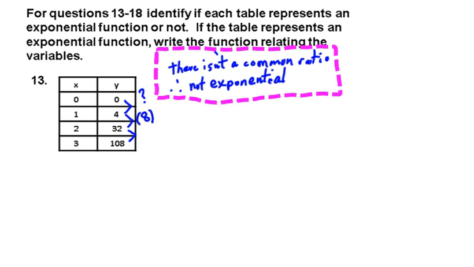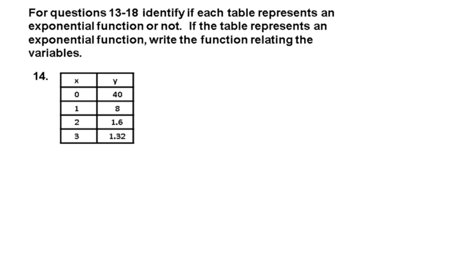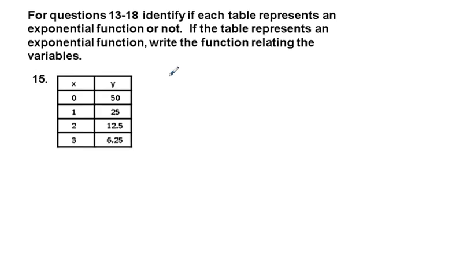Okay, next, we're going to go to problem 15. All right, we will just test what times 50 equals 25. Well, 50 divided by 2, so we will say times 1/2. So 50 times 1/2 is 25. 25 times 1/2 equals 12.5.